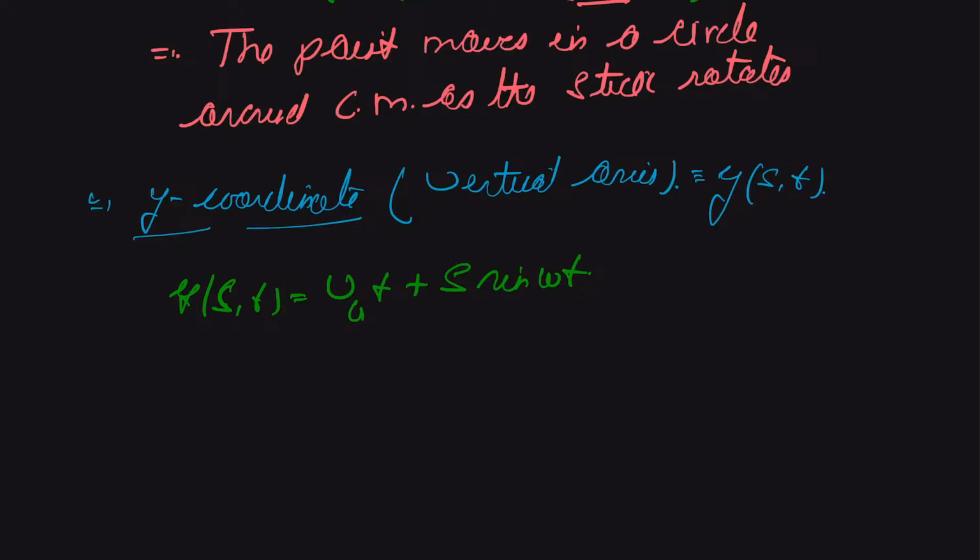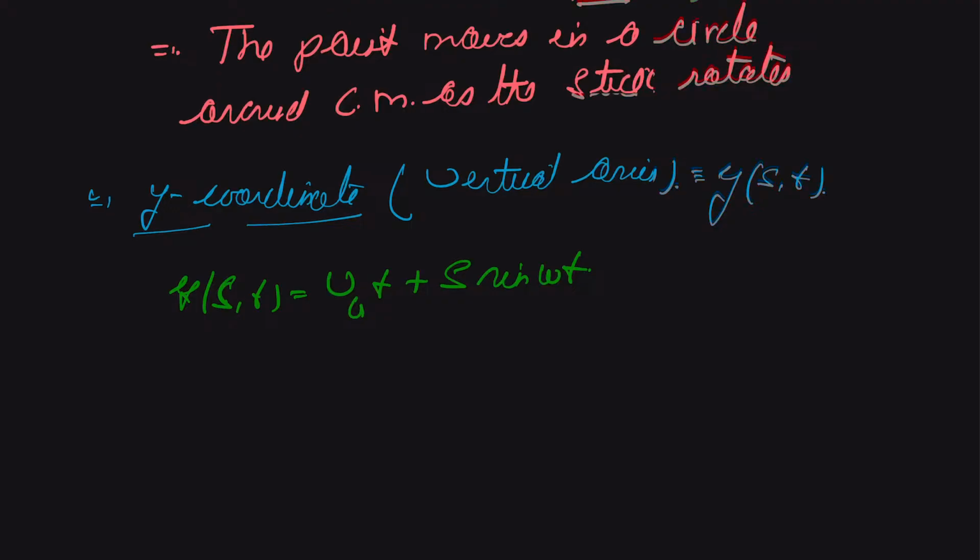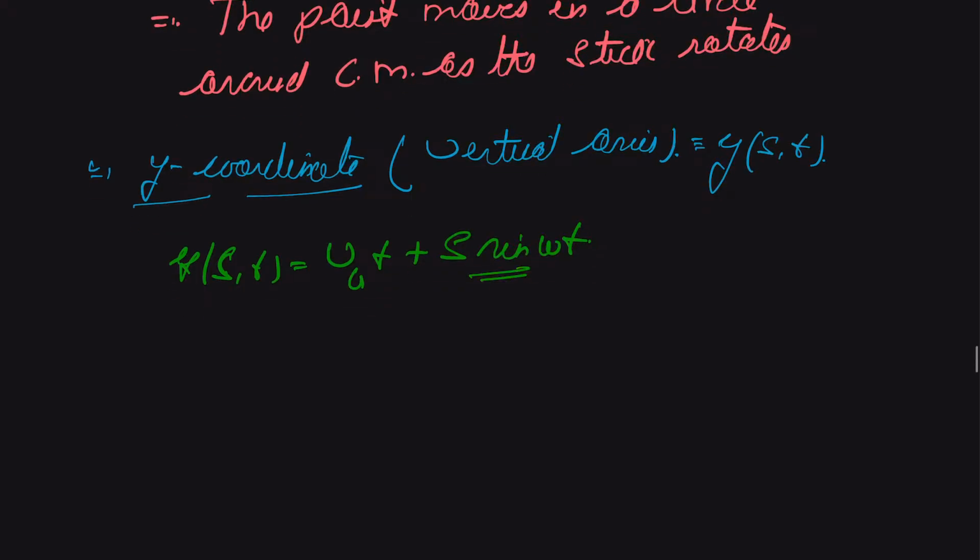Okay. So our center of mass moves linearly with the speed v of g, and additionally it will move vertically due to the rotation, which is our sine of omega t.